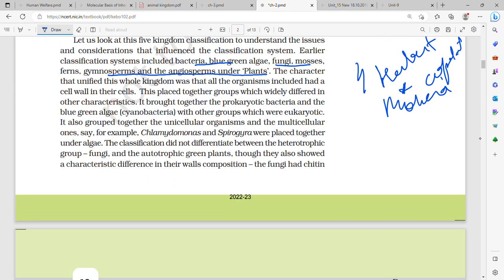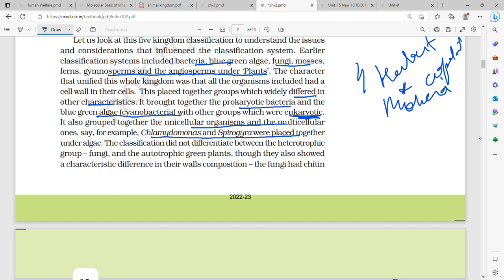This placed together groups which widely differed in their characteristics. It brought the prokaryotic bacteria, the blue-green algae or cyanobacteria, together with other groups which were all eukaryotic. Then it grouped unicellular and multicellular organisms, such as Chlamydomonas and Spirogyra, under algae.